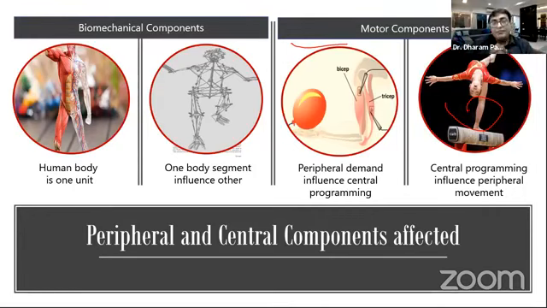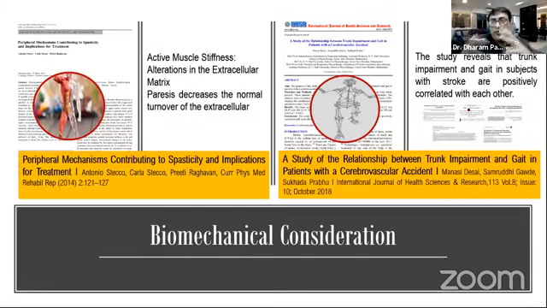Peripheral demands influence central programming, so the demand we put on the periphery is going to reprogram your brain, and central programming influences peripheral movements. We have to keep all these principles in mind whenever we are dealing with neurological patients.